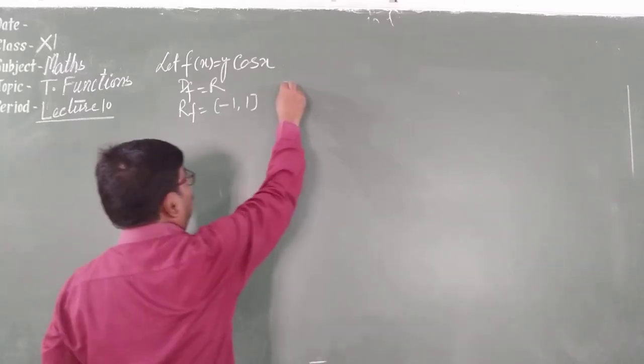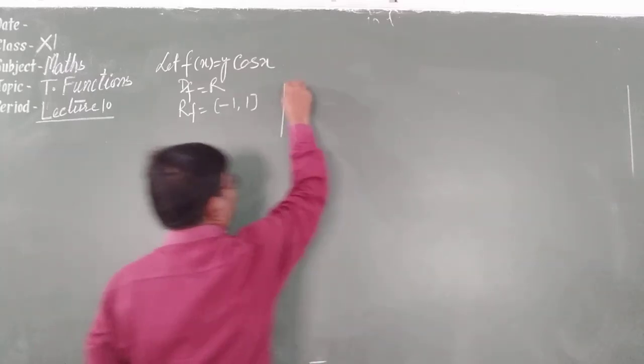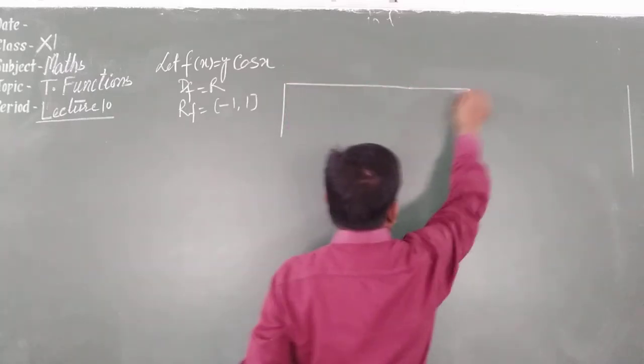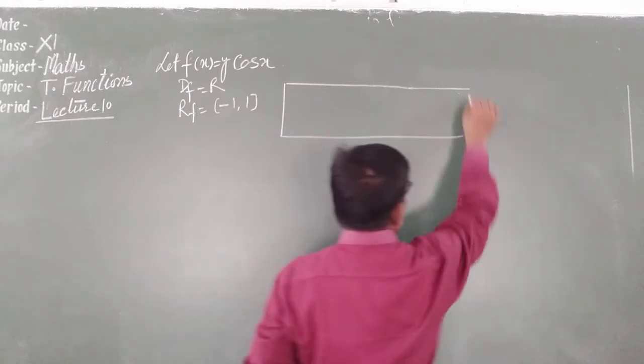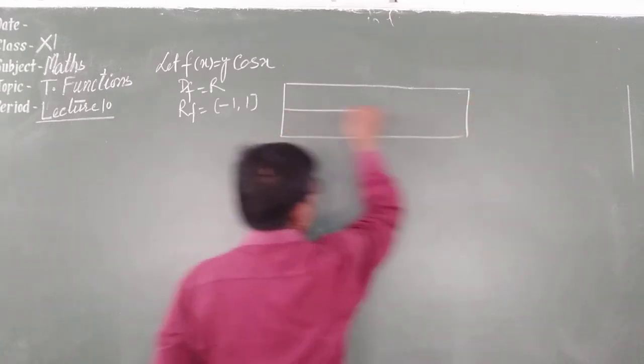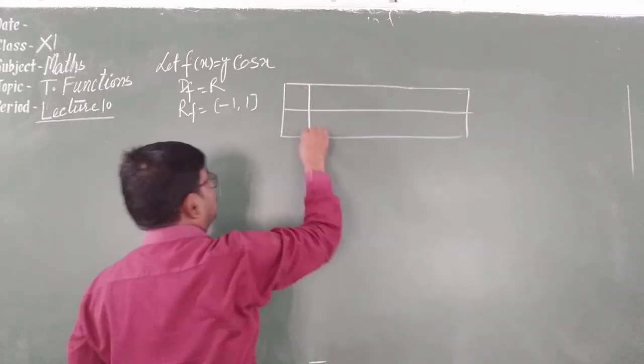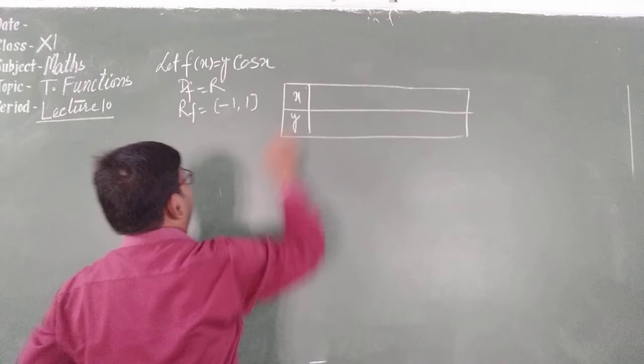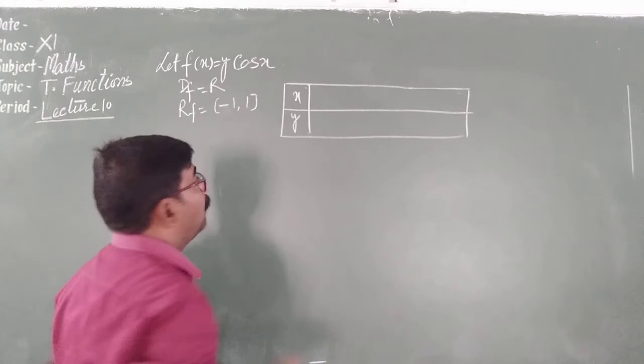Now let's see, I am forming a table. This is x and this one is y, that is f(x).